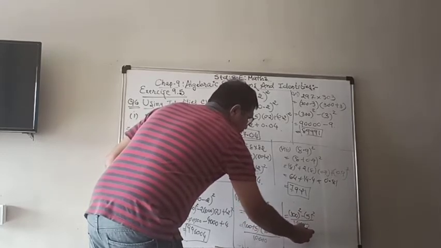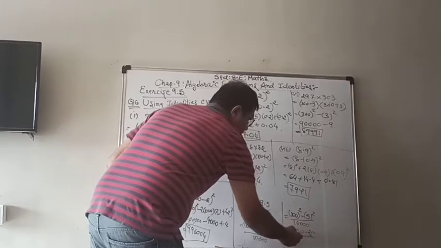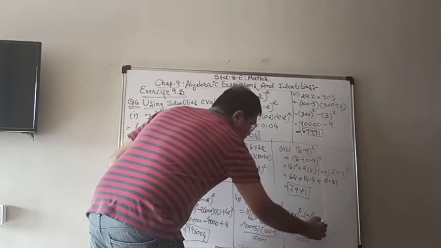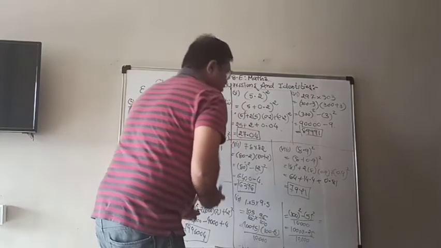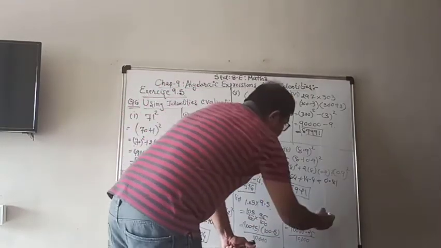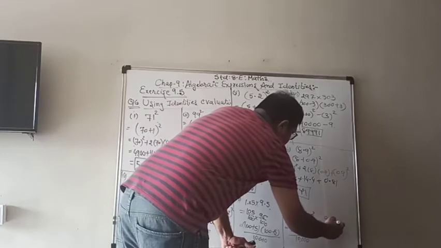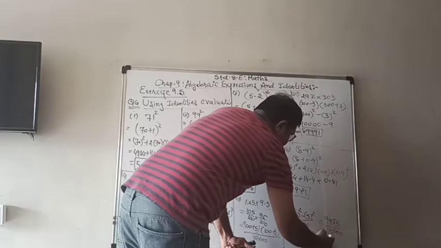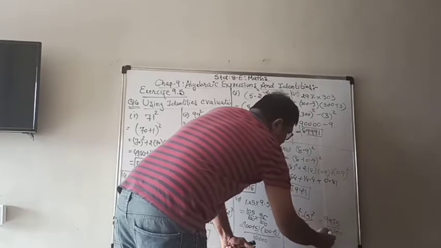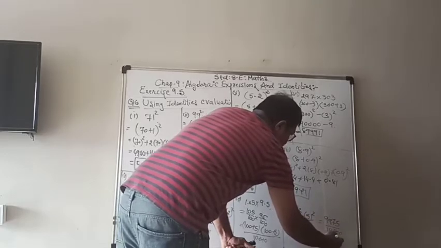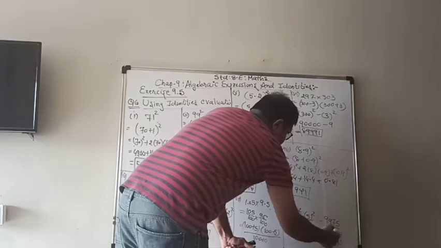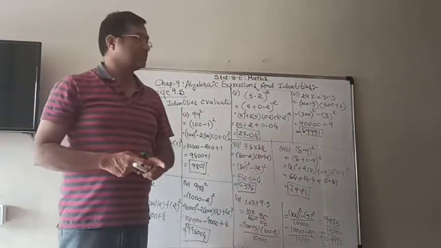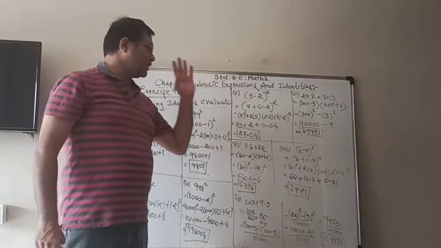So 10,000 minus 25 upon 10,000. So 10,000 minus 25 is 9,975 upon 10,000. So answer is 0.9975. So by using the identities, we have to find out the answers.